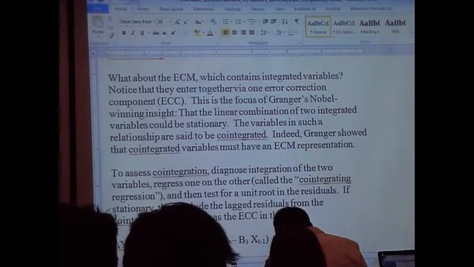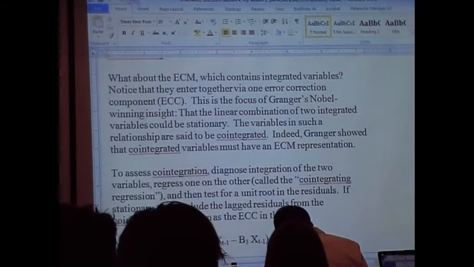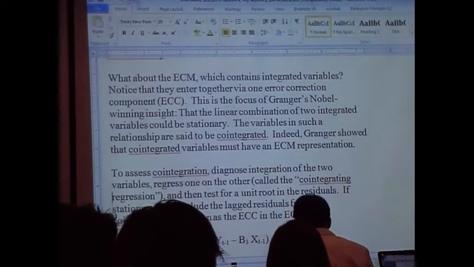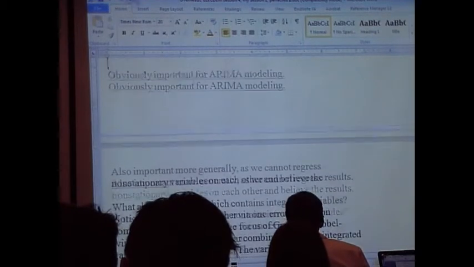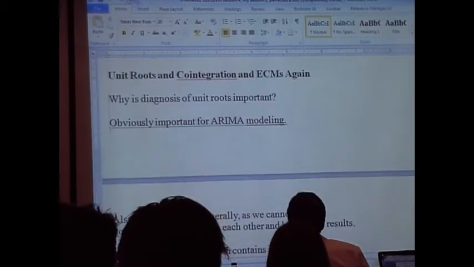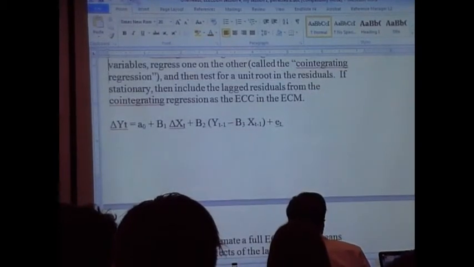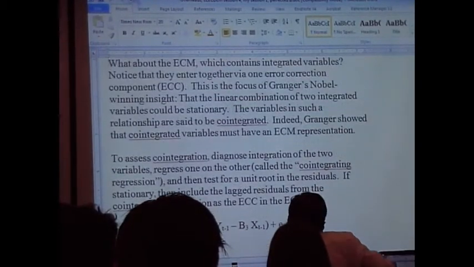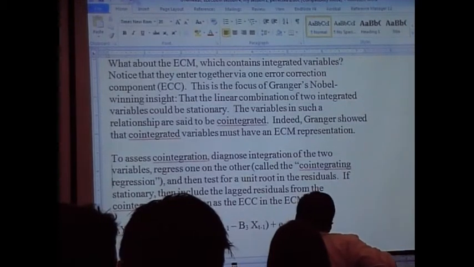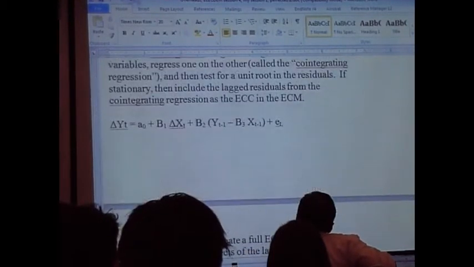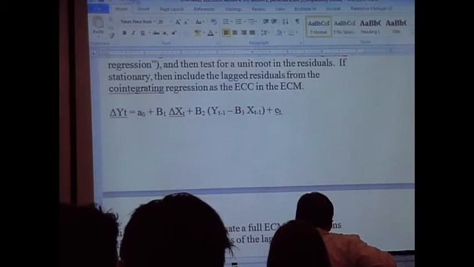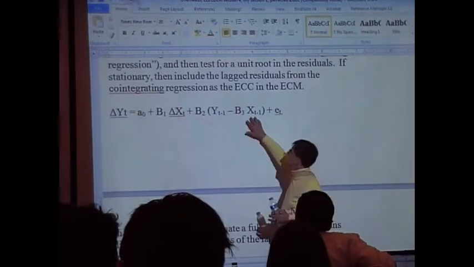As I've already said, they enter into this unit root component, which is this equation down here. They call that component here in parentheses the error correction component.